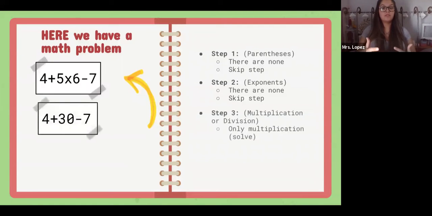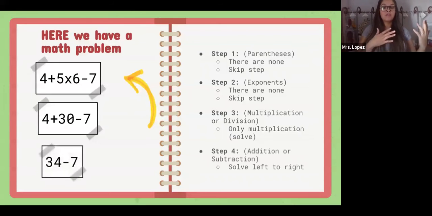So step 3, multiplication, I only see multiplication, so I'm going to multiply the 5 times the 6. So that gives you 30. So then we have 4 plus 30 minus 7. So we know our next step after that, we have please excuse my dear, we need Aunt and Sally. So that means addition and subtraction.